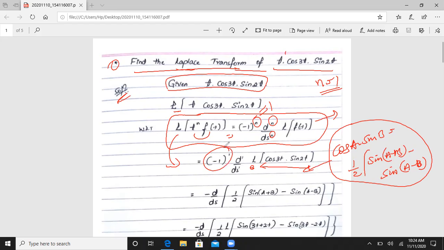Minus 1 to the power 1 is minus only, so we will write here minus d by ds into 1 by 2, which is a constant term outside, and sin a plus b minus sin a minus b. So here we will write sin of 3t plus 2t and 3t minus 2t here. Sin a plus b minus sin a minus b.